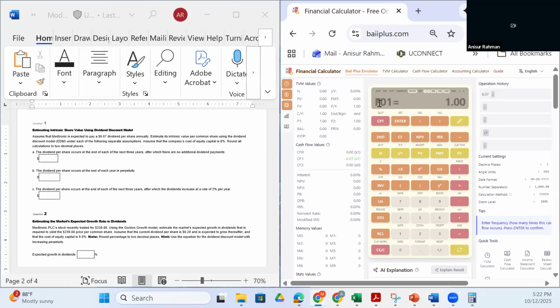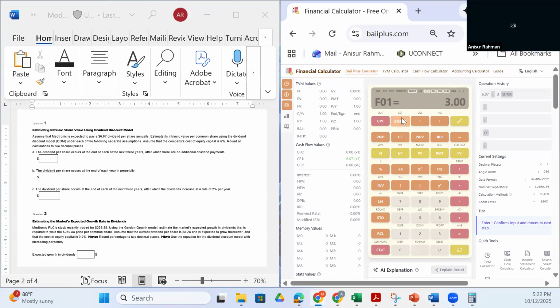F01 means how many times the C01 cash flow occurs, meaning the same amount of cash flow is occurring. We have 3 times, right? So we enter 3 and then hit enter so that this value is saved.